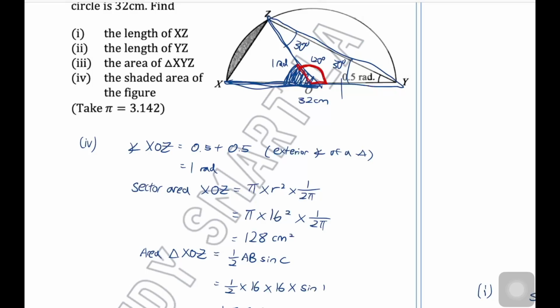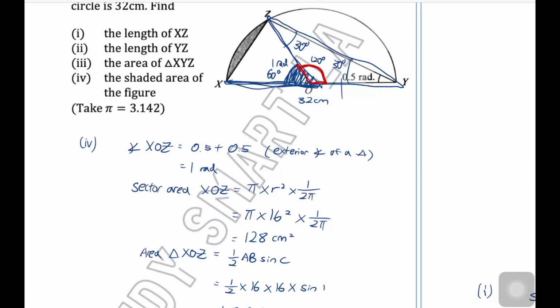Using the first method that I told you, you will take 180 minus this 120, because of angles on a straight line, and you'll get this blue angle to be 60 degrees. That's the first method. What I'm trying to say is that if you cannot visualize that the exterior angle of a triangle is this 30 plus 30 together giving you 60 degrees, you can understand it from the numbers.